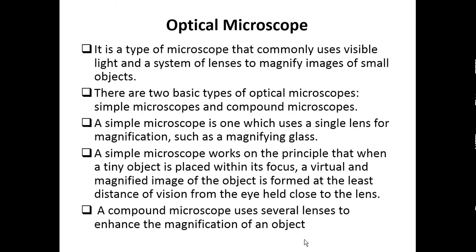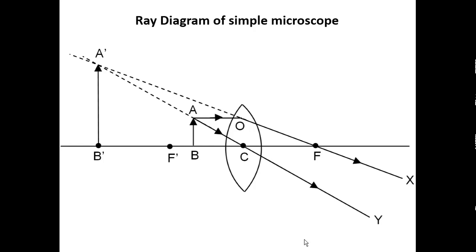Here, this is the object AB, and this is the lens. This is the optical center, and this is the focus F on either side of the optical center.